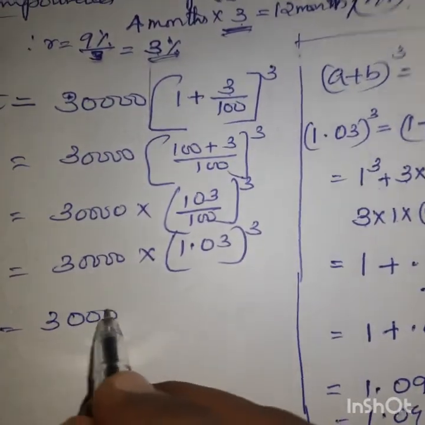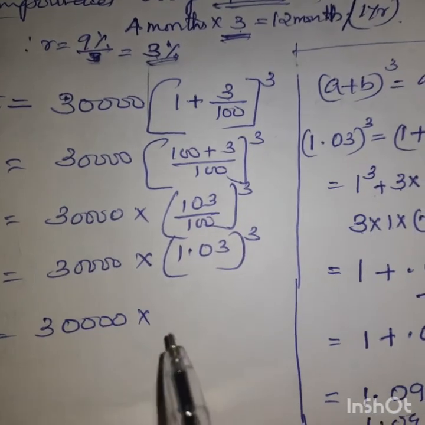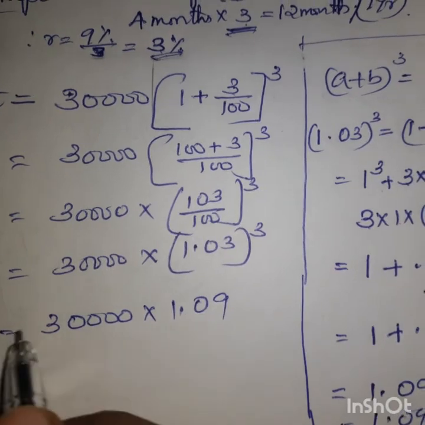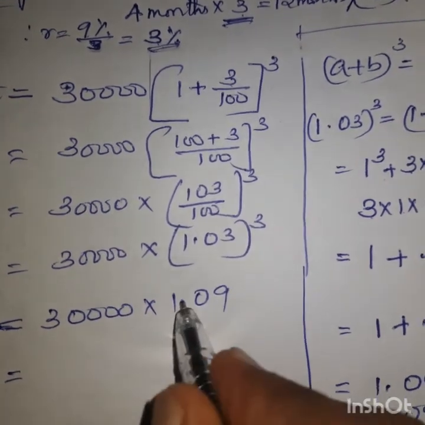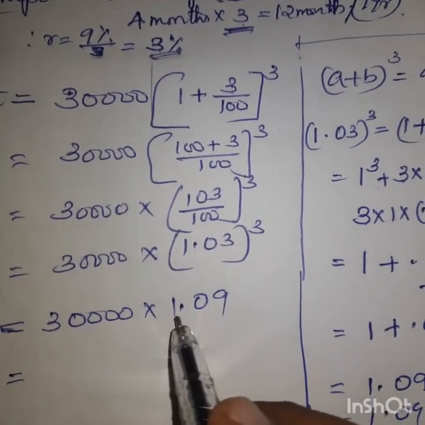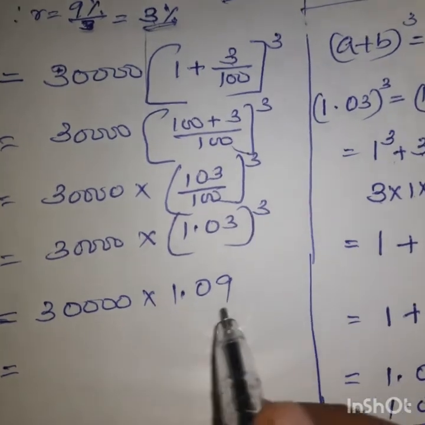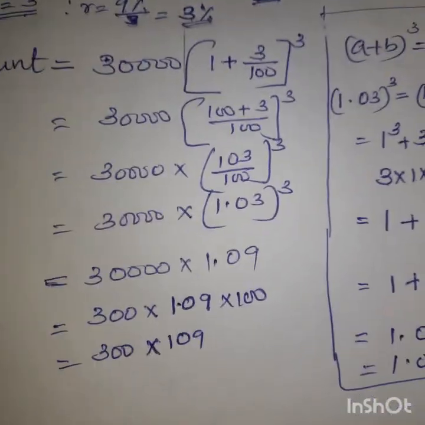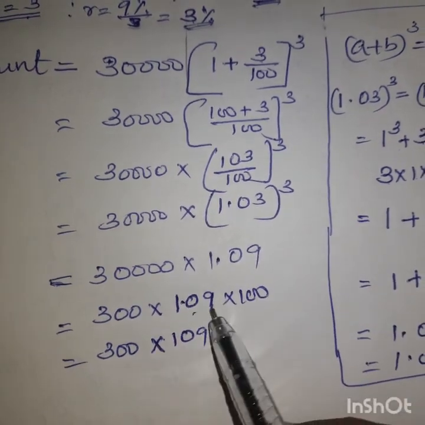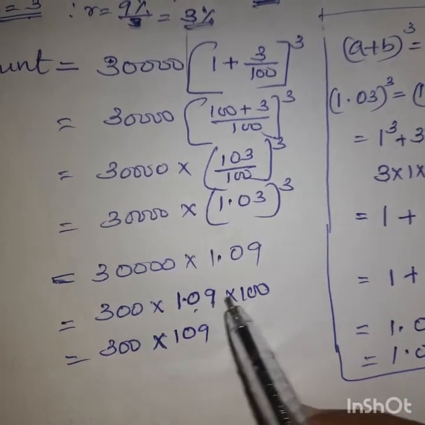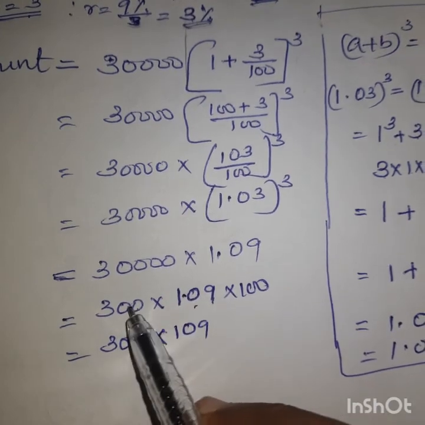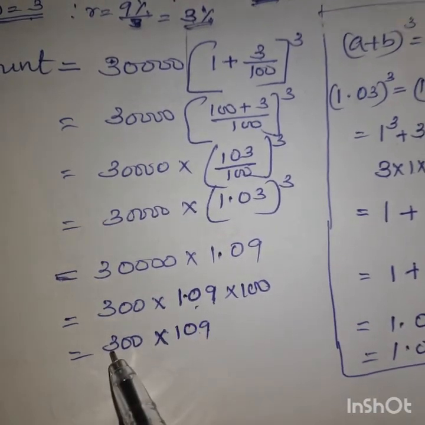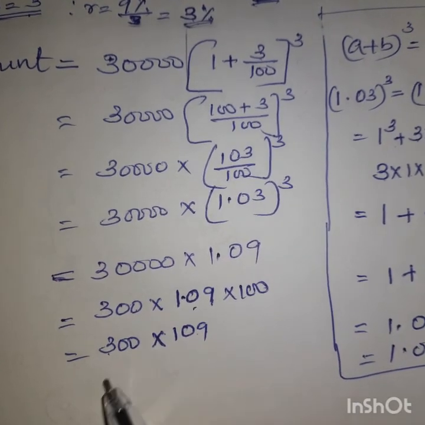Then you have to multiply with that. So 30,000 into 1.09 you have to multiply. That is 2 decimal places. So 1.09 into 300 into 100, 2 decimal places if you take it here. So it is 109, 109 into 3 you have to multiply, then 2 more zeros you can add.